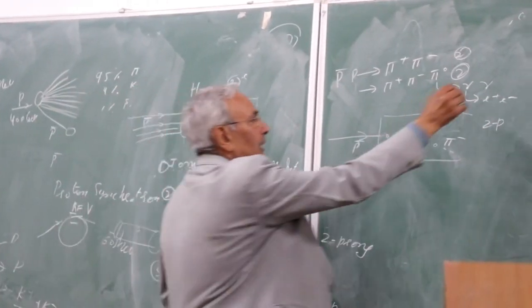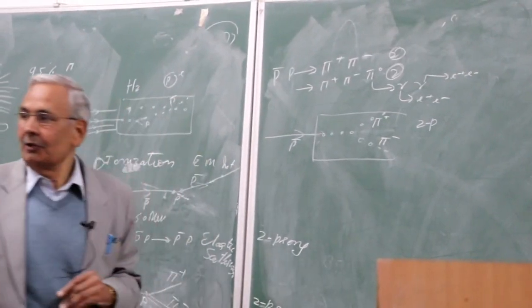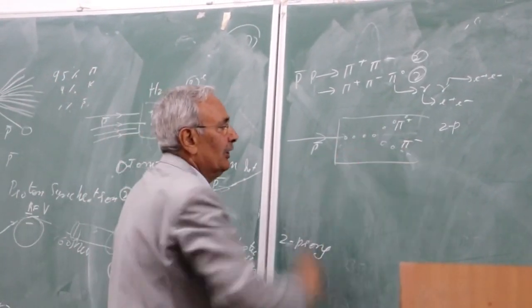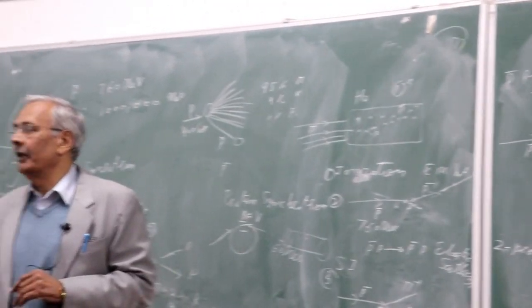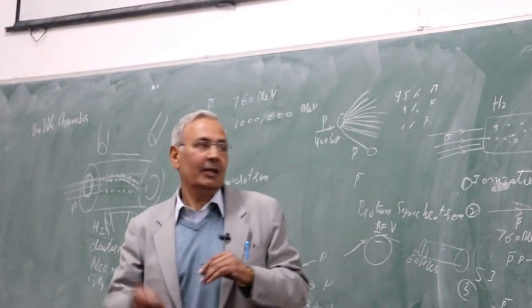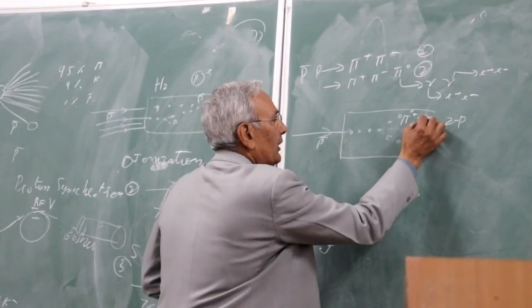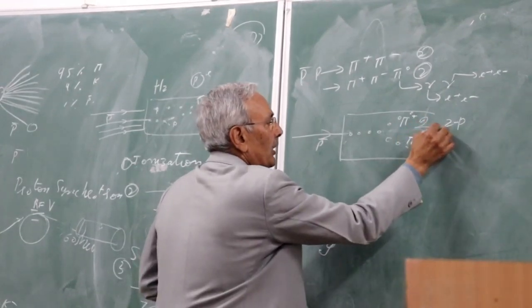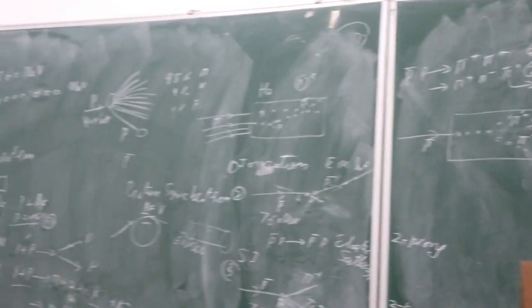So what you will have, it can materialize into electron-positron pair. Okay? This can also materialize to electron pair. So what you will find, after traveling the distance, one may carry smaller momenta, another can carry large momenta, so one may escape the bubble chamber also. But if both of them materialize, then you will find one like this one, and another one is like this one. You must have seen these tracks. So what are these?